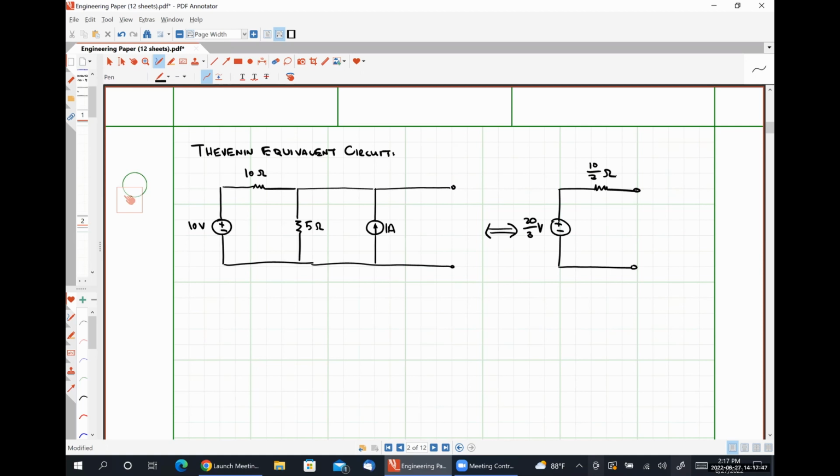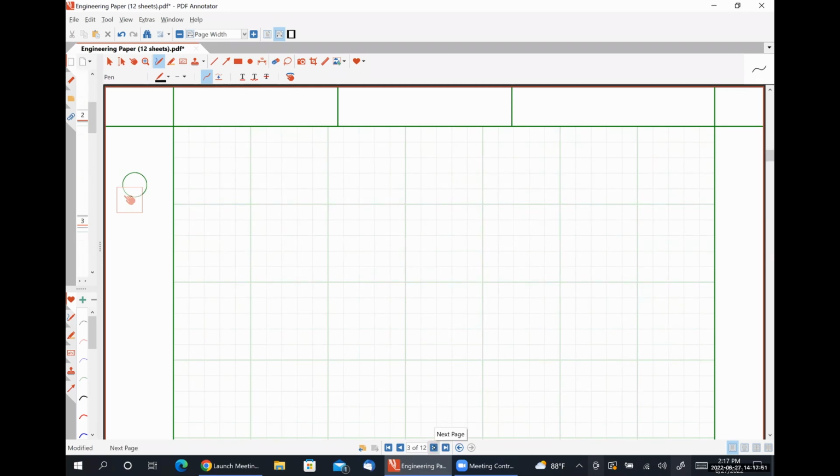Okay. Now let's talk about the Norton equivalent circuit. And we'll introduce that by going over Norton's theorem. Norton's theorem is incredibly similar to Thevenin's theorem, even though they were developed about 60 years apart.